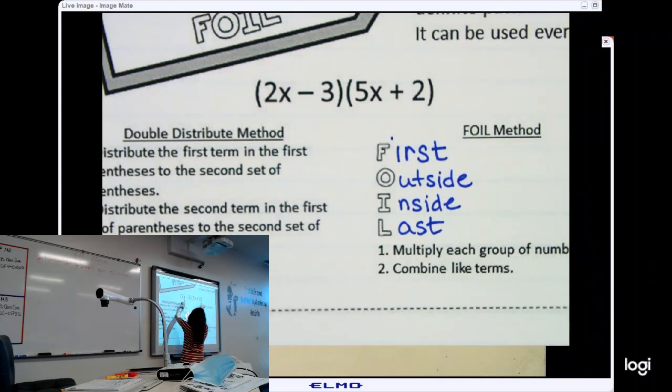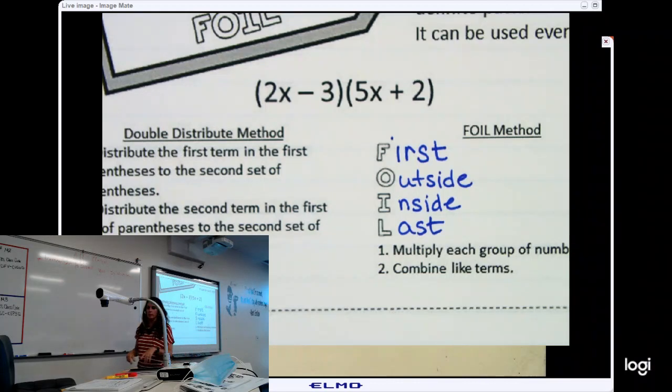Those are your outside terms. Now that you know where your outside terms are, where are your inside terms? Inside the middle, right? Inside. And then the last term in each parenthesis is your last. So sometimes that's a little confusing, and that's why we'll practice so we can see what first, outside, inside, last means.